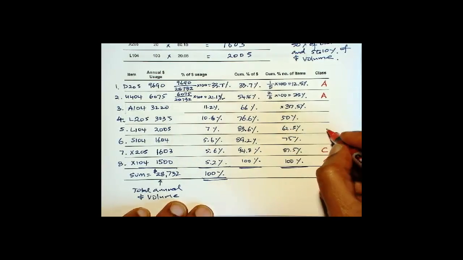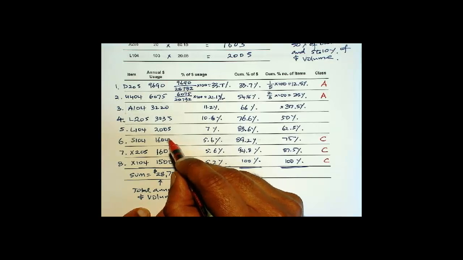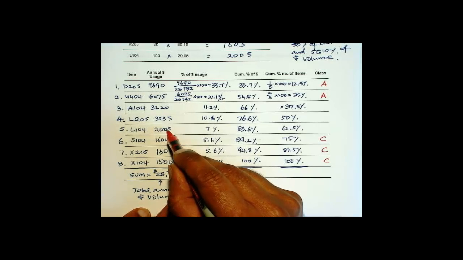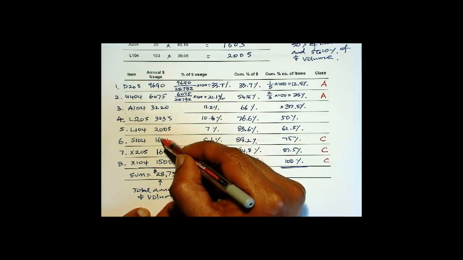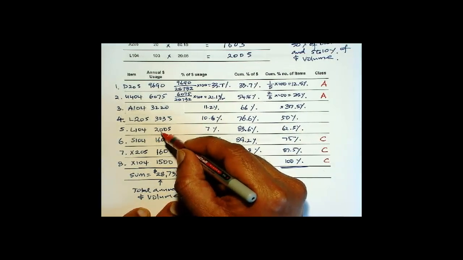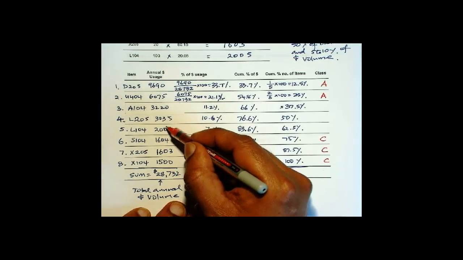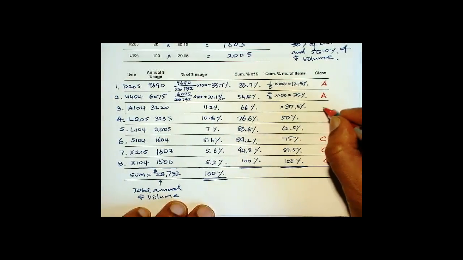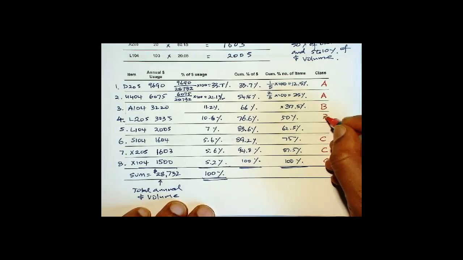So the value seems kind of high, but once again you can see whether this should be C or it should go with B. It looks like the difference is only $400 between these two items, whereas between these two it's more like $1,000. So this item is more like C than like a B, so we'll make that into a C.